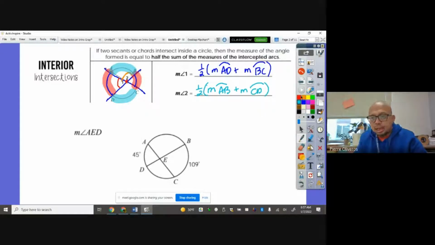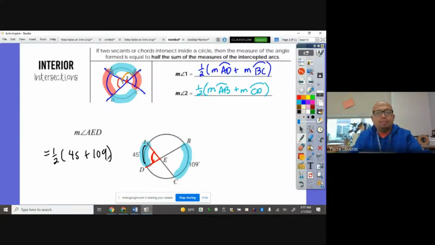Okay, let's look at this example here. Find the measurement of angle AED. So I'm looking for this angle here, and the arcs are 45 and 109. Applying the formula, the measurement of angle AED is half of the measurement of arc AD, which is 45, plus the measurement of arc BC, which is 109.